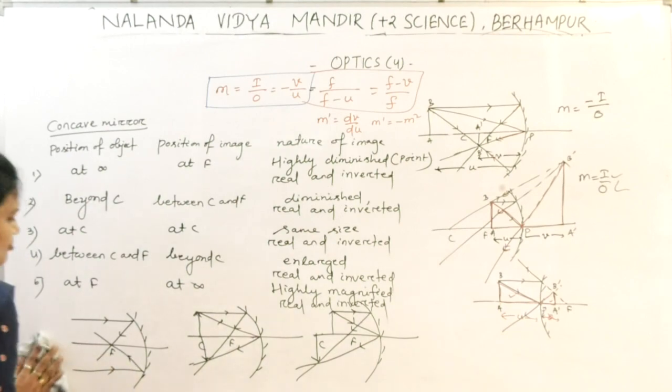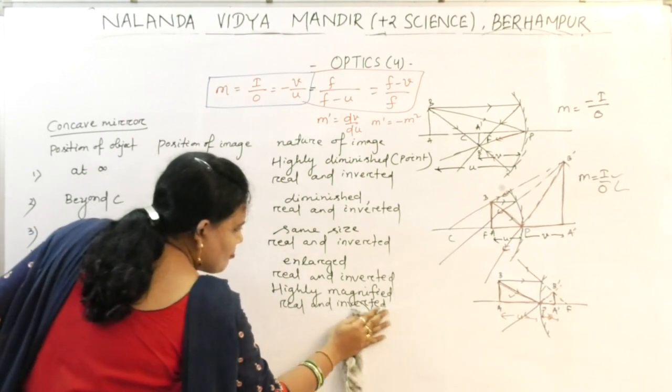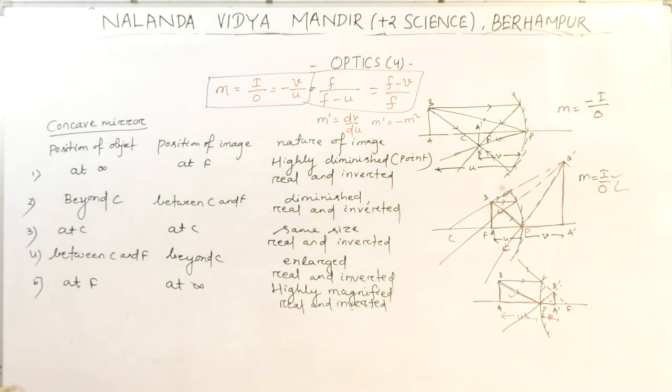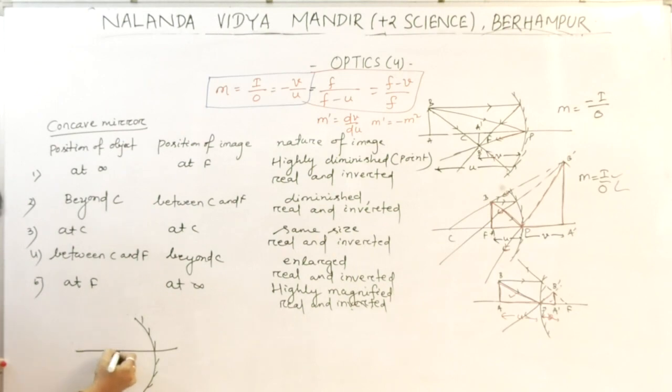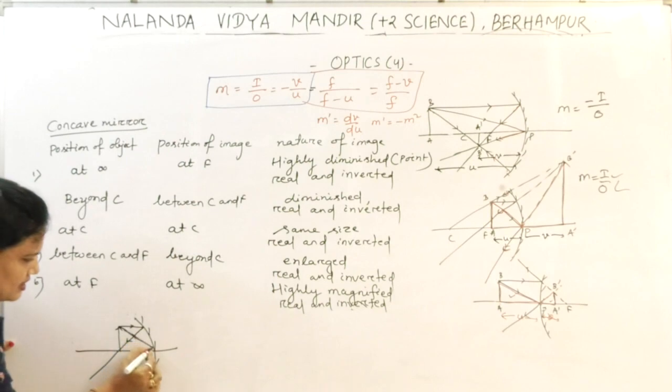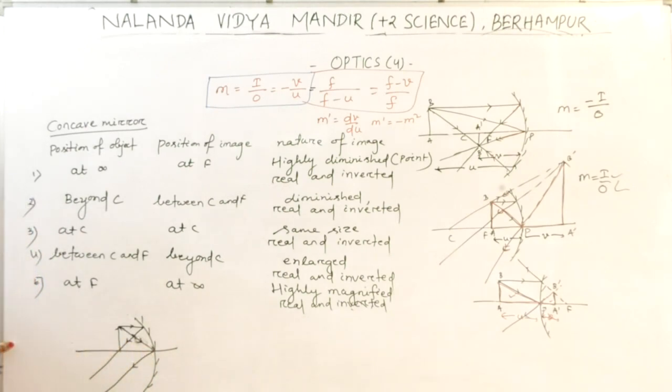So let us draw the ray diagram. Mirror, the object is at the focus. The ray which is parallel will pass like this for the same angle of incidence. So the image will be found at infinity.